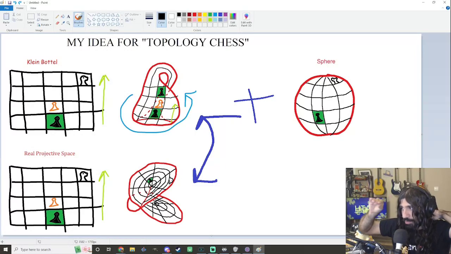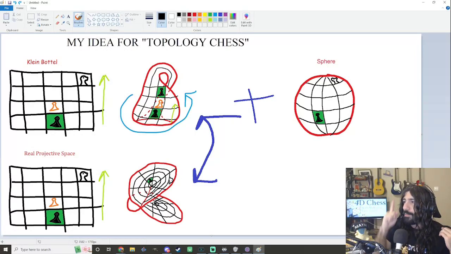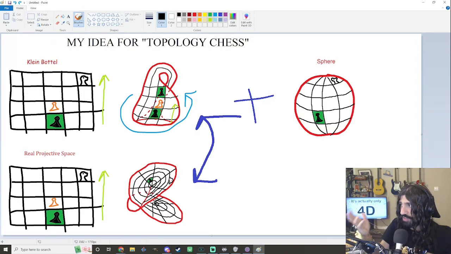There would have to be some number of turns, or maybe it would be like time travel, like timeline priority in 5D chess, where when one person makes a cut, they can't make another cut until the other person changes the topology or something like that. You know what I'm saying?